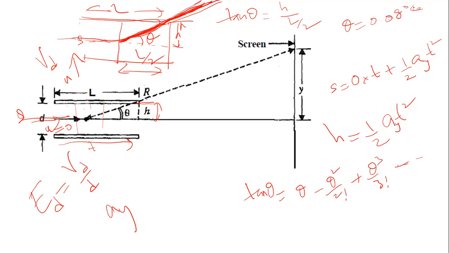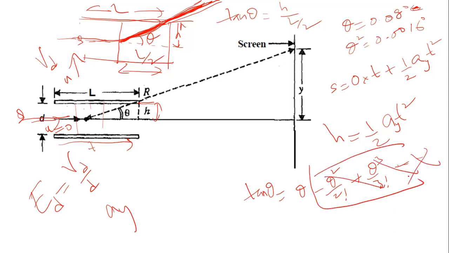Your theta square will be 0.0016 degree, and theta cube will be even smaller than this. So for a small angle of deflection, tan theta can be approximated to be equal to theta, because the higher order terms, theta square and theta cube, can be neglected as they are very, very small.